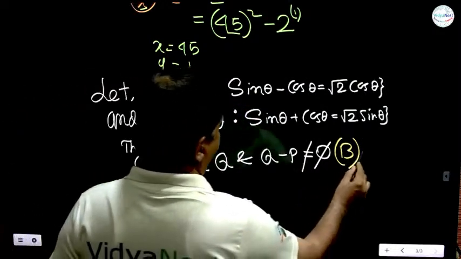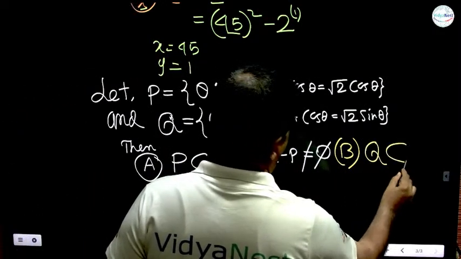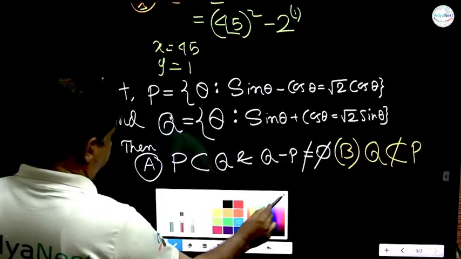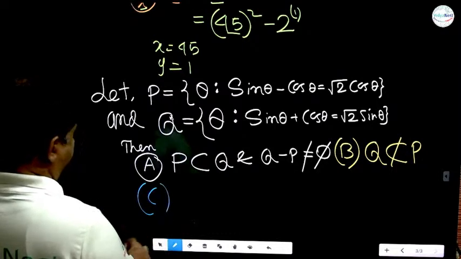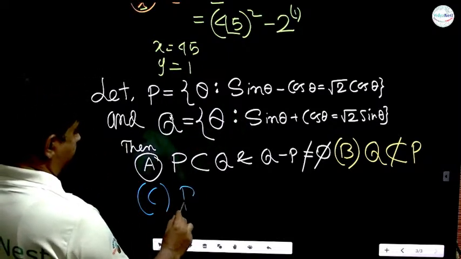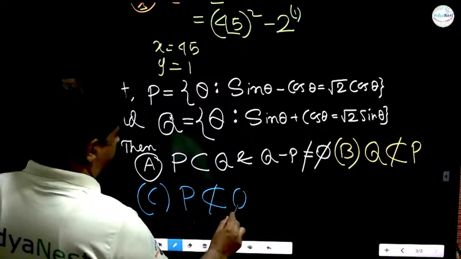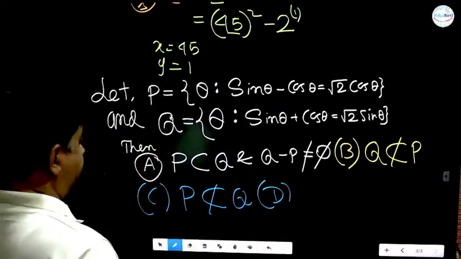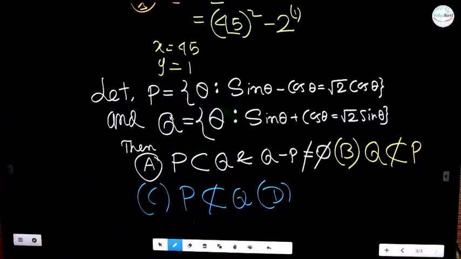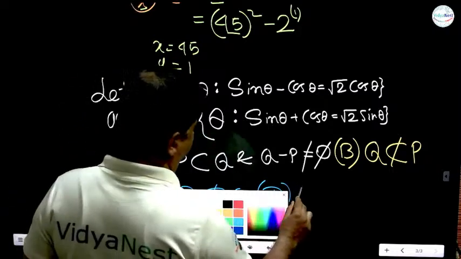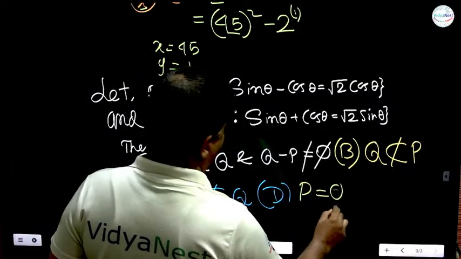Q. D, P is equal to Q. Now let's see out of these four what is to be chosen. It came in which year?